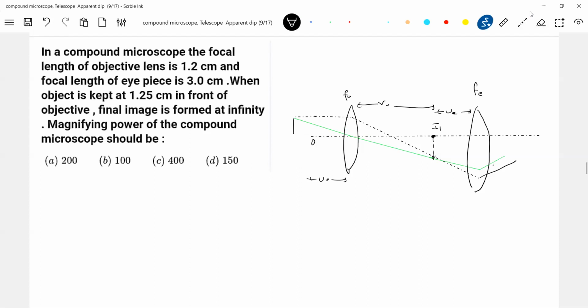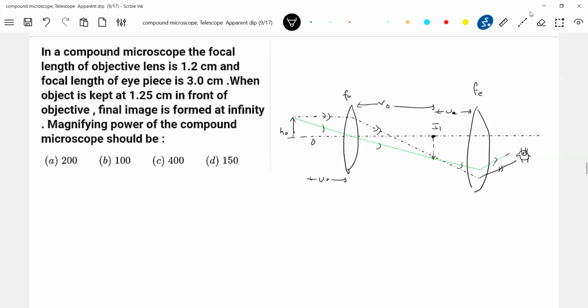The object is here. So these rays are parallel, you can see it. So what is being asked? The magnifying power of the compound microscope.